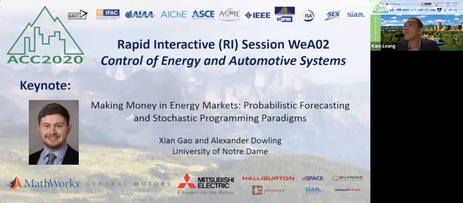The way the rapid interactive session works is this first block, starting now until almost 11 o'clock, will be a keynote talk where Professor Dowling will present his work for about 12 to 13 minutes, and then we'll field some questions for about 5 minutes. During his presentation, you can use the Q&A feature, and he's going to take your questions directly in real time as he gives his talk. That's a nice feature of this webinar setup.